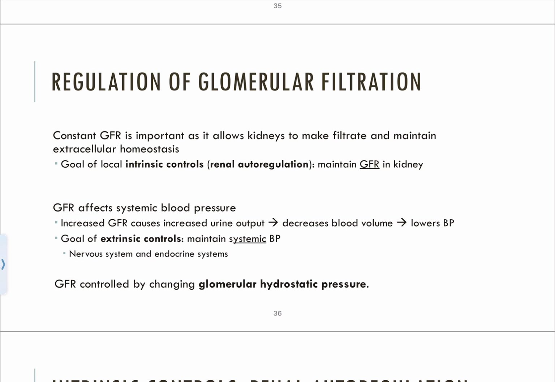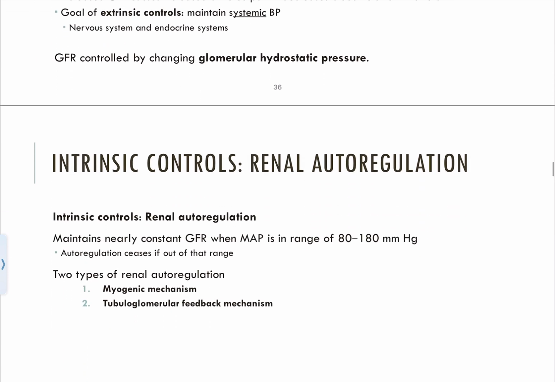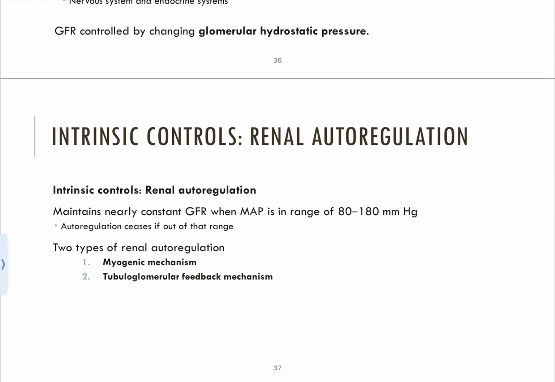When we're talking about extrinsic controls, we're talking about the nervous system and our endocrine systems helping maintain our blood pressure. And if we have any extreme changes in our blood pressure, our intrinsic controls will take over. So the GFR is controlled by changing our glomerular hydrostatic pressure, and all mechanisms act to basically change the glomerular hydrostatic pressure.